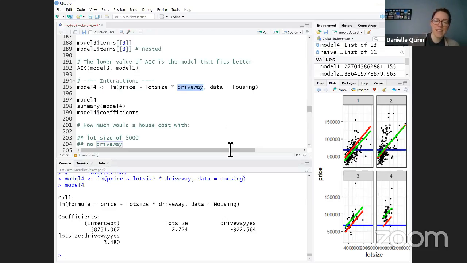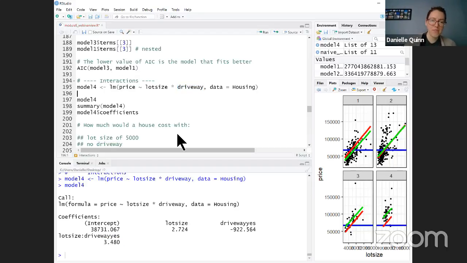In this case, driveway is either yes or no. And so what this model will tell us is that if the driveway is equal to yes, this is how much you add, or in this case, subtract from that house price. And if the driveway is equal to yes, this is how much that changes the slope of the lot size.